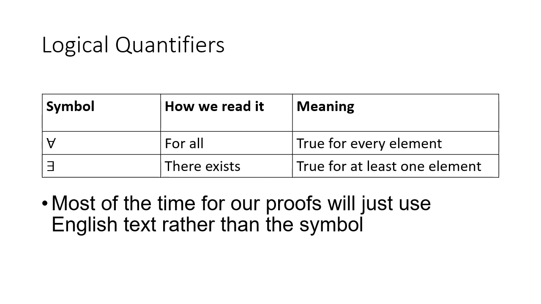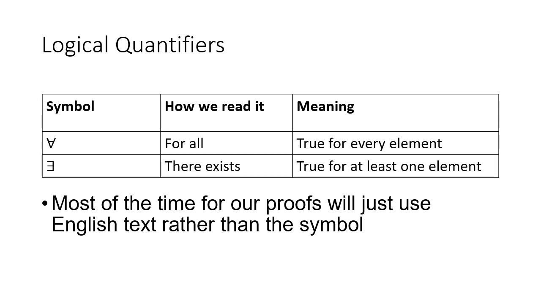Most of the time, when we write proofs in this class, we'll likely just use English text for "for all" or "there exists," or some other English equivalent, rather than the symbol. But if you like to be terse, these are totally fine to use.